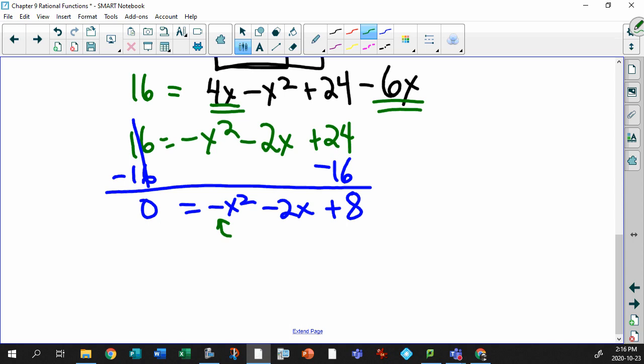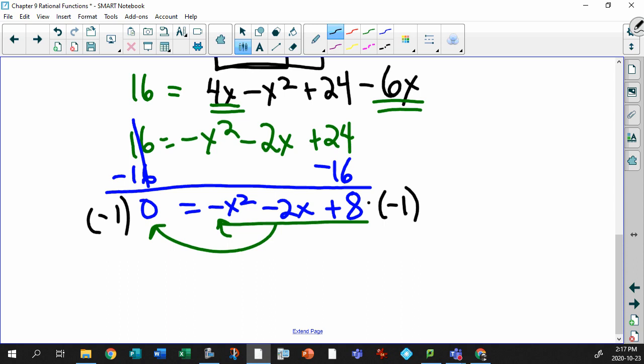Now, there's 2 things you can do here. You can multiply each side by -1, changing the signs of both sides. Or you can take this whole thing and bring it over to the other side and let it equal 0. Whatever way you want to do this algebraically in your mind, go right ahead and do it. So I'm just going to say, let's just multiply both sides by -1.